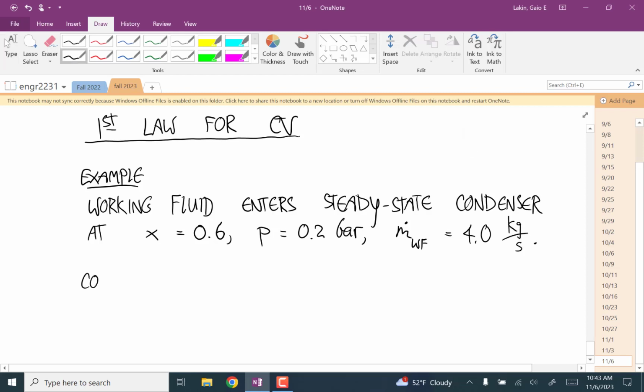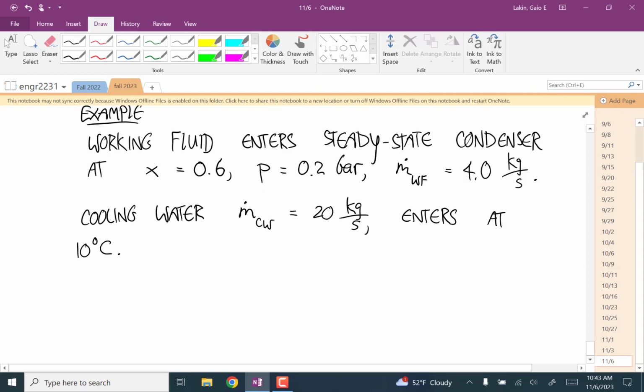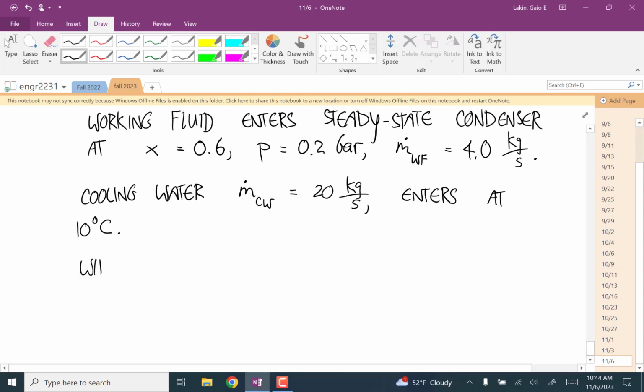Let's say that the cooling water has a mass flow rate of 20 kilograms per second and enters at 10 degrees Celsius. What's the exit temperature of the cooling water?